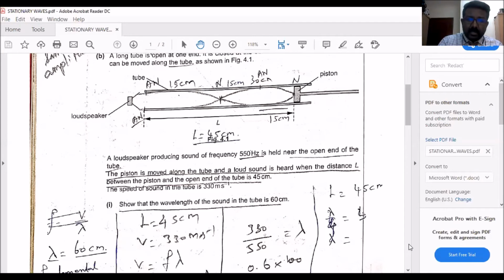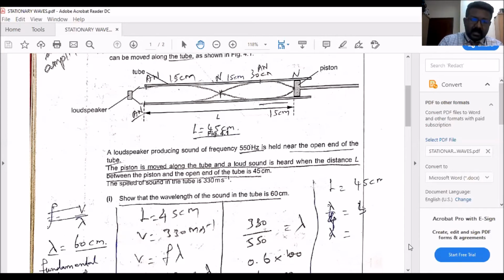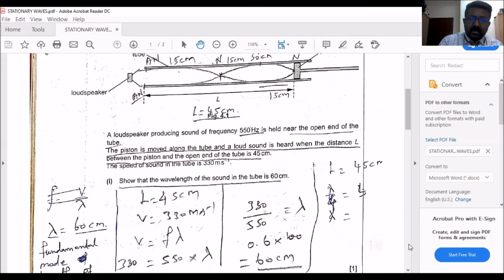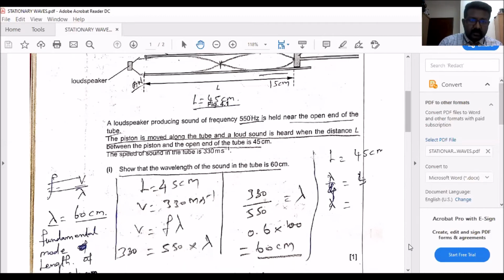Since length L is equal to 45 centimeter, and it is also given the velocity of sound is 330 meter per second, we can use the wave equation to find lambda, the wavelength of the sound used by the loudspeaker, that is equal to 330 divided by 550, we get 0.6 meter, that is equal to 60 centimeter.